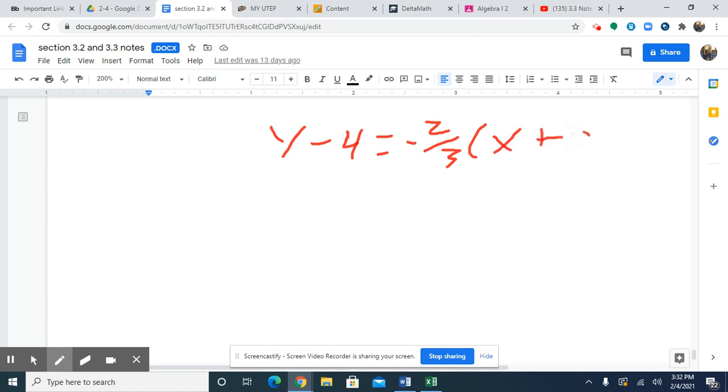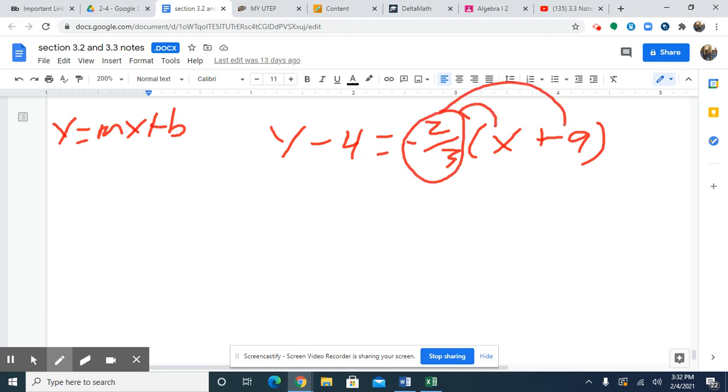If we take this a step further, we can actually simplify this to put it into our slope intercept form, which is y equals mx plus b. So how does that work? Well, we're going to start off by distributing that negative 2 over 3. So that's negative 2/3 times x, so that's negative 2 over 3x.